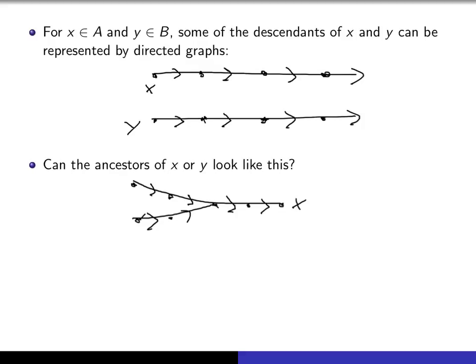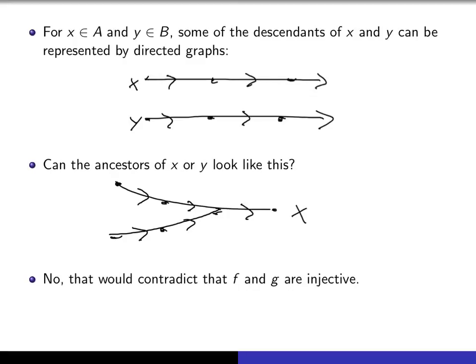Now, is it possible that the ancestors of x and y can look like this? So I've drawn x here, and these two represent ancestors of x, because clearly x is a descendant of each of them. Is it possible that it looks like this?